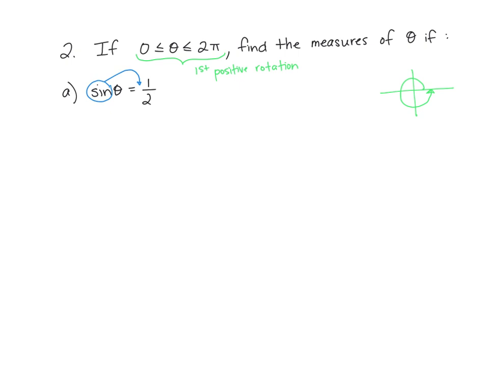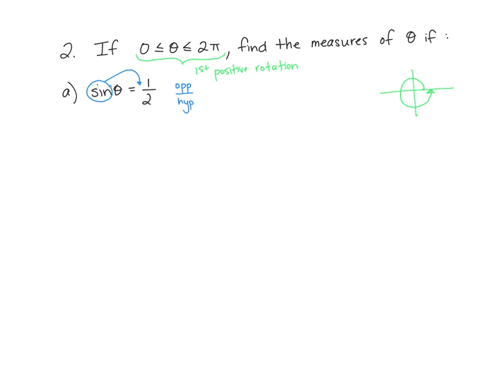We know that sine is opposite over hypotenuse. So we have our opposite side, our hypotenuse. We've already talked about how our hypotenuse is always positive because our diagonals don't have direction symbols. Our opposite side is vertical.